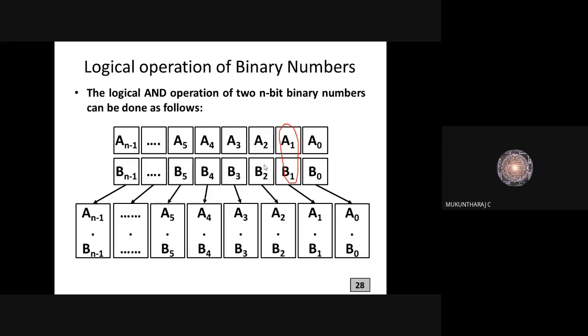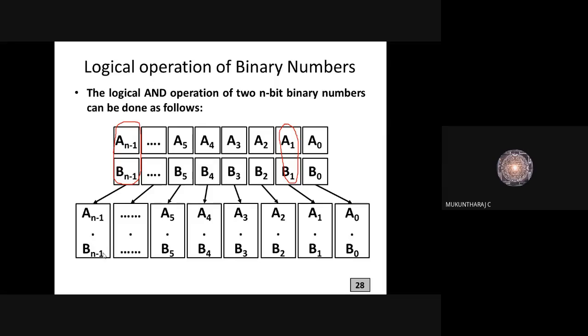Similarly second position, third position, up to the MSB. Here the MSB is A n minus 1, B n minus 1. We will perform the AND operation on the MSB bits of both input A and input B, that is A n minus 1 AND with B n minus 1.